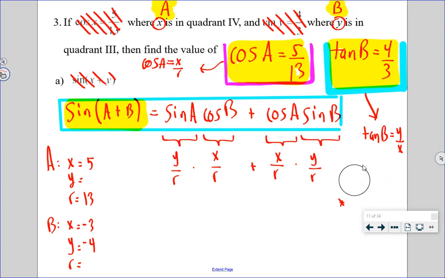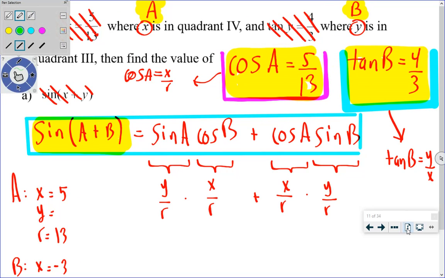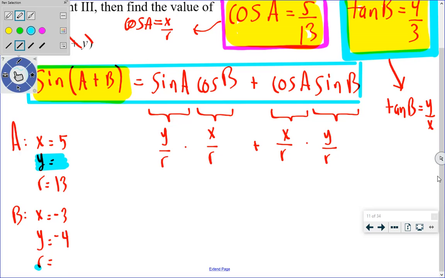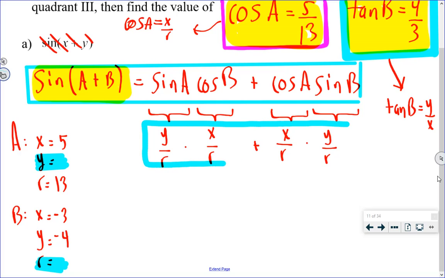Now what we're going to do is calculate y for angle A, because we need to know that, and r for angle B, because we need to know that. Because if you look at all of this, this is the answer to the question. We need to be able to put numbers in for all those x's, y's, and r's.